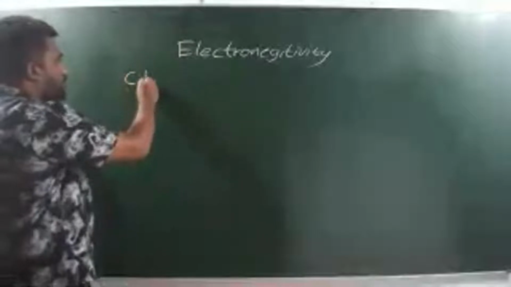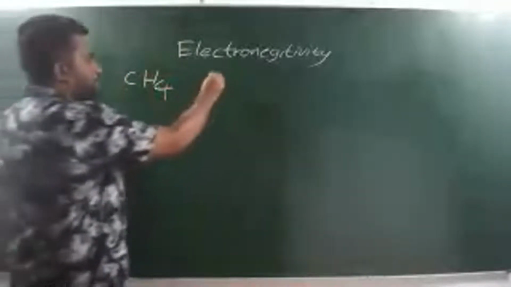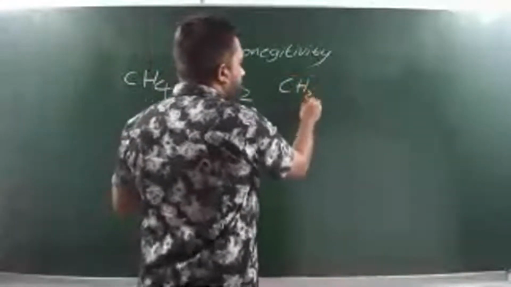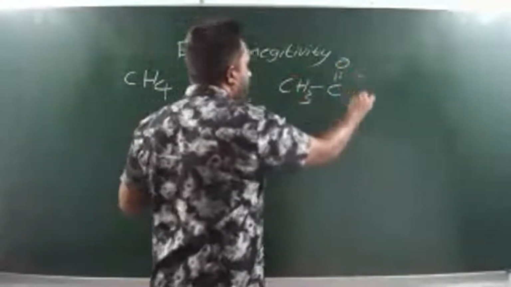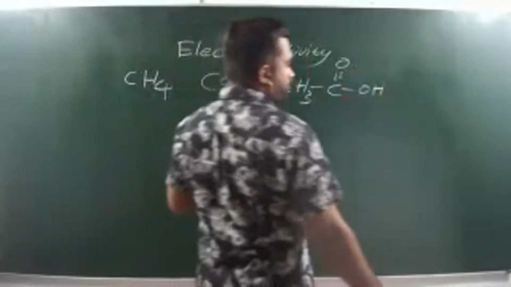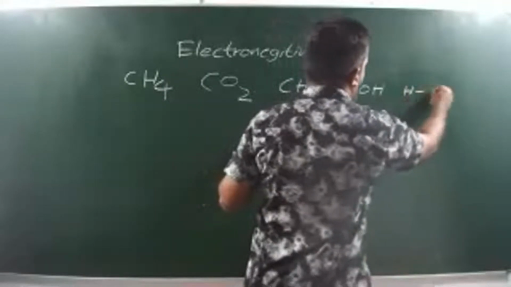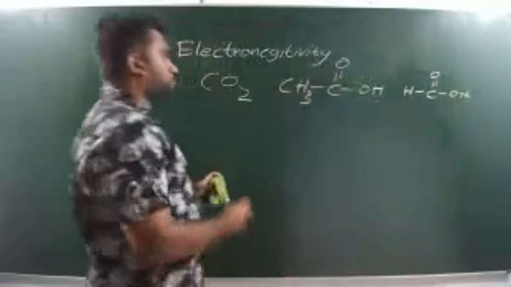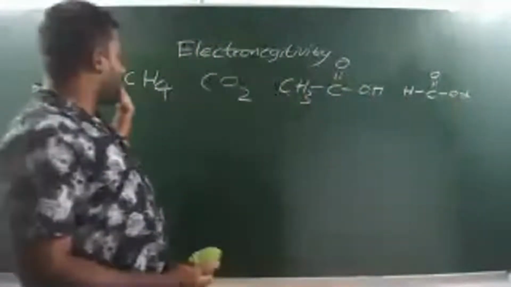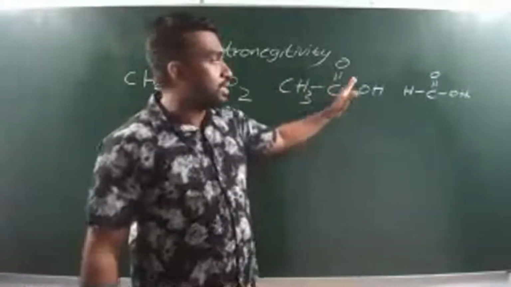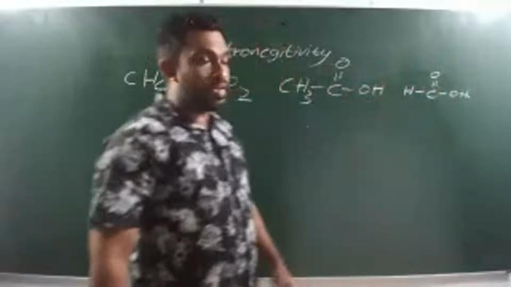Let me give an example. Let's say CH4, methane, and carbon dioxide, and I'll use acetic acid, CH3COOH, and formic acid. Now there are 4 molecules. Methane is here, carbon dioxide here, acetic acid here, and formic acid here.